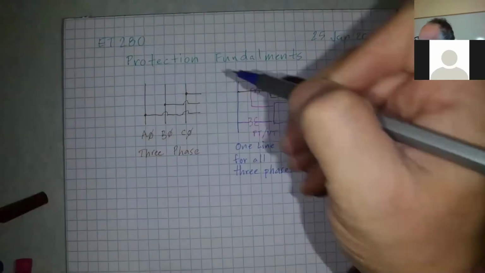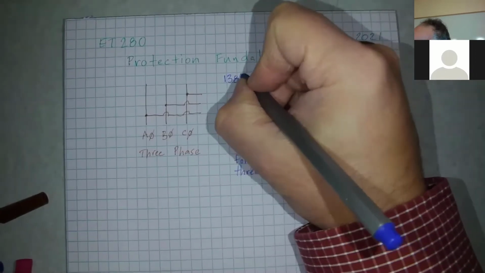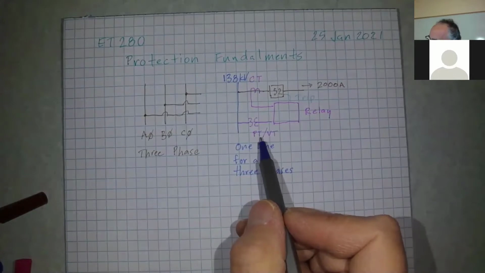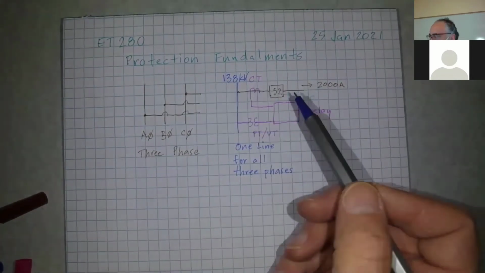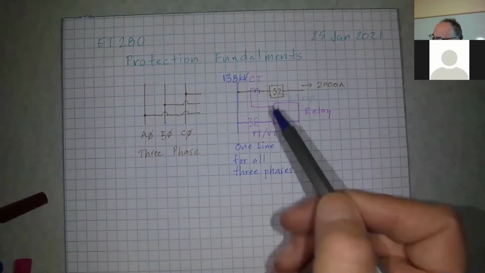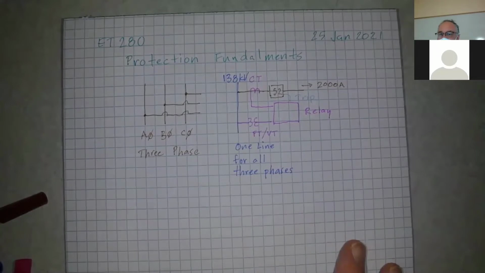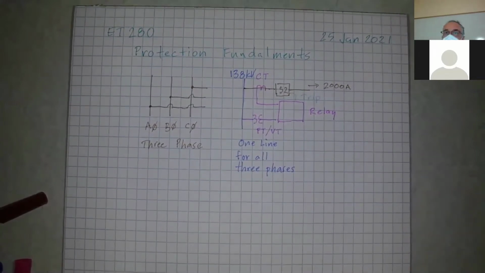So this could be 138 kV. We step that down with the PT or the VT. And at 2,000 amps, we could have a 2,000 to 5 CT. And so we'd only have 5 amps. Okay. And based on the settings of our relay, we could tell the breaker to trip.